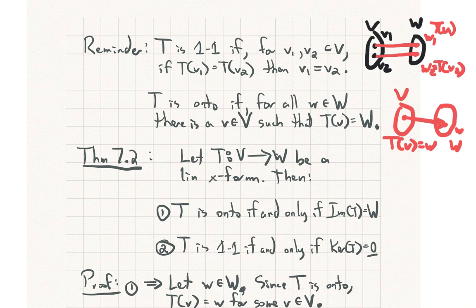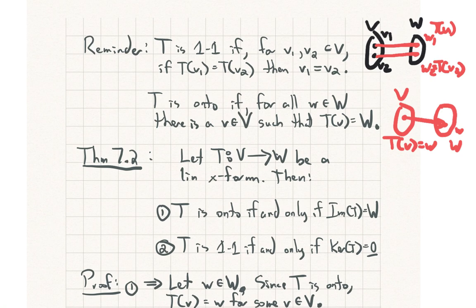And one-to-one linear transformations are exactly the ones who have a trivial kernel, whose kernel is just the zero vector. And you always need the zero vector in your kernel because you know that the zero vector in v always gets mapped to the zero vector in w, so you know the zero vector is always in any kernel.